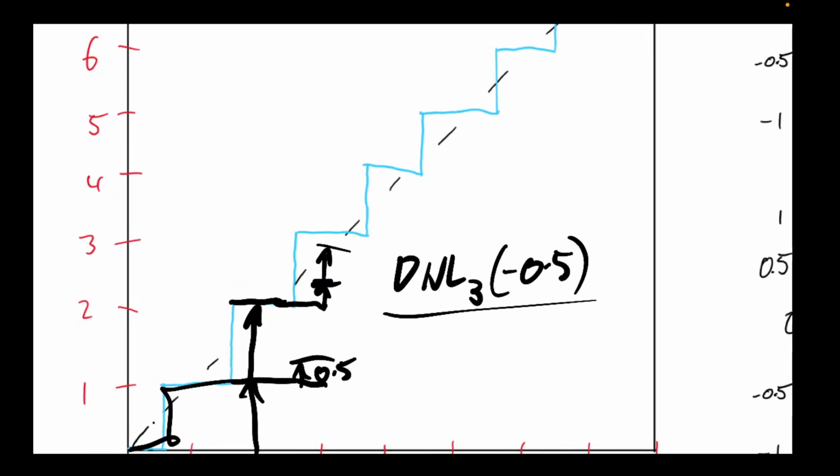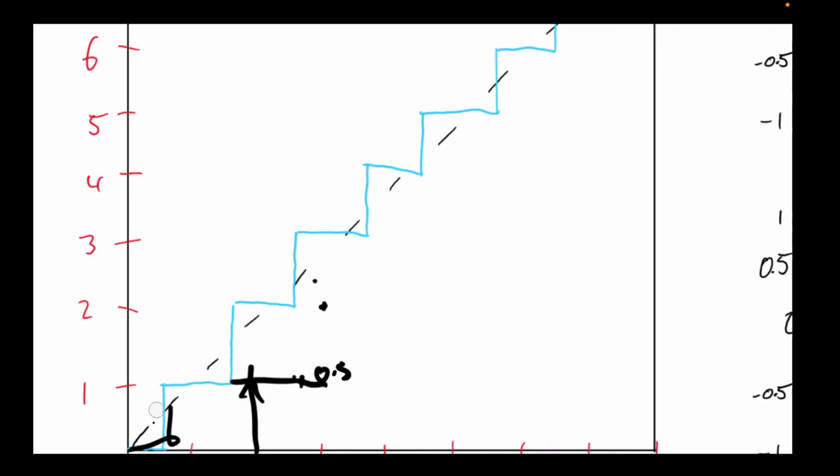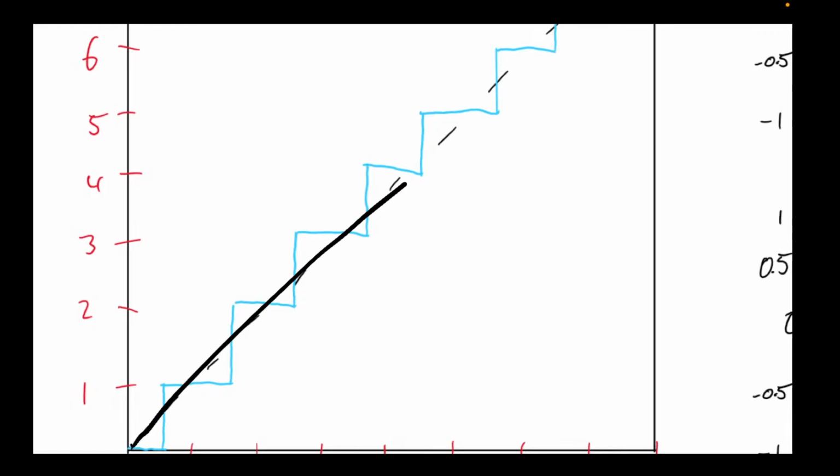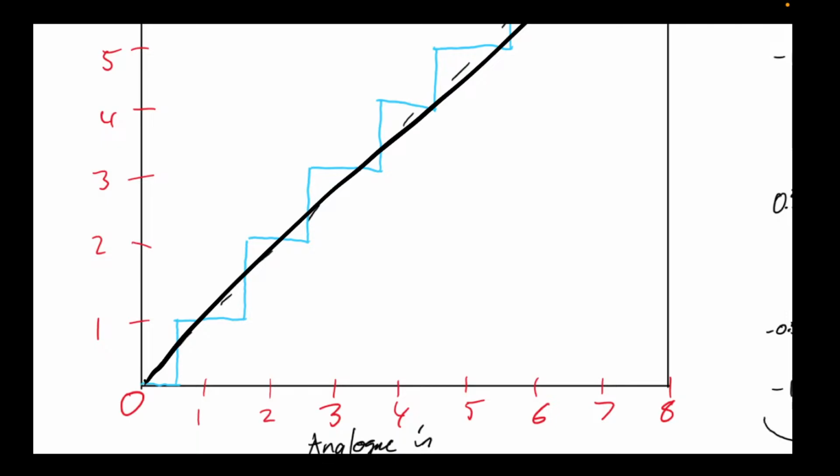Whereas when we consider integral nonlinear error, let's go ahead and wipe this out to consider a new circumstance. Integral nonlinear error adds up the total error. So it's always with reference to your nice line of equivalence. So if I had 2 line up here and then 3 came over here, we still have minus 0.5 as our integral nonlinear error for 3, minus 0.5.